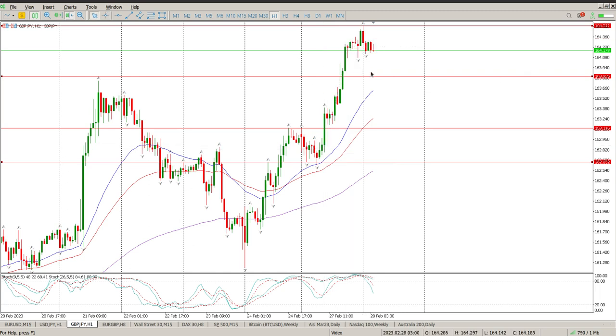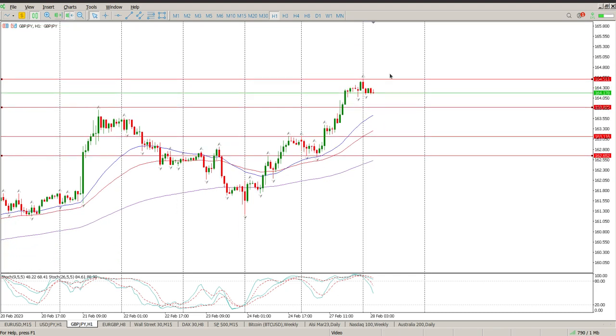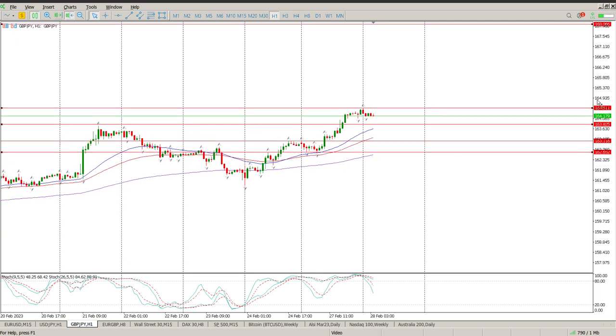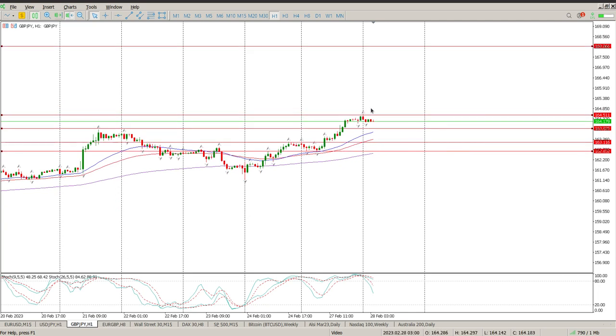So I'm looking for pullback onto structure. That is 163825. Should give us an opportunity to buy. First target is going to be 164511. Get above that, then it's just stop to entry and wait. It won't go there in a straight line, but it will sort of zigzag like this until it gets there.